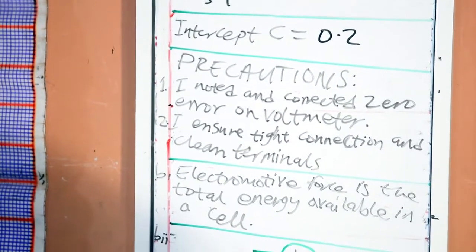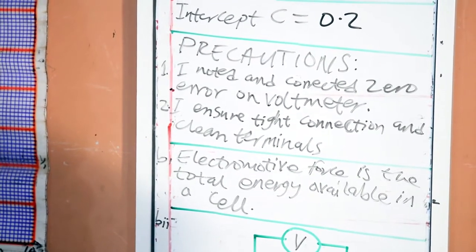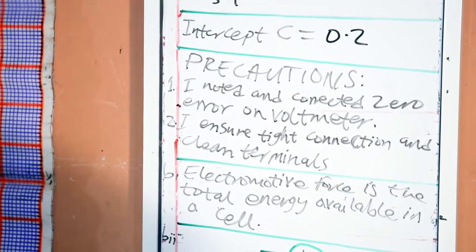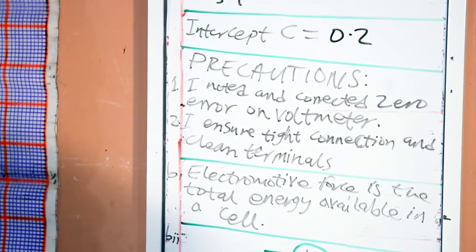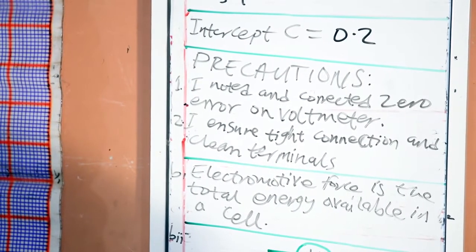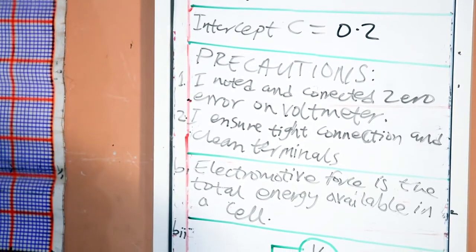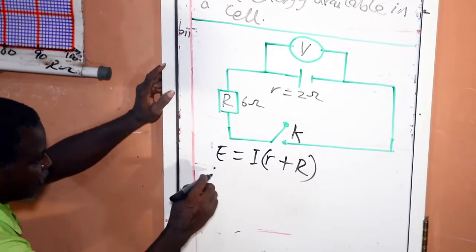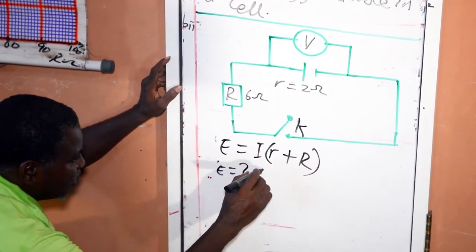B1, you are directed to define electromotive force. It is the total energy available in the cell. Then you are directed to calculate the electromotive force E in this diagram. That's what we are looking for.